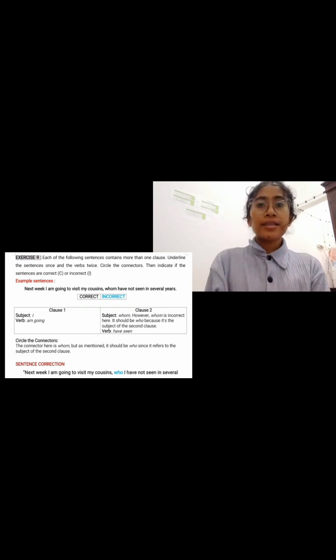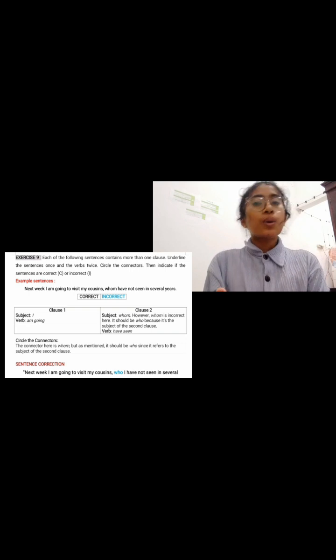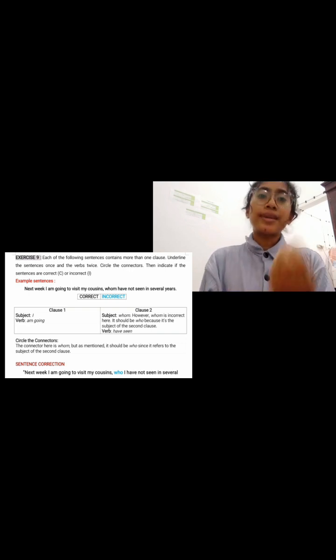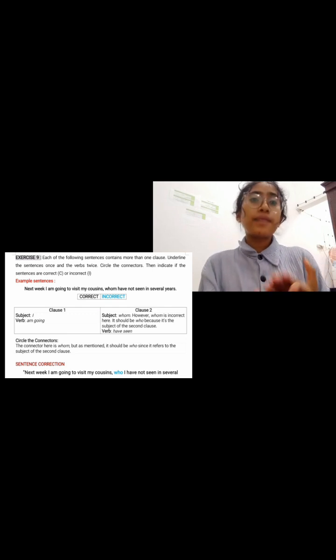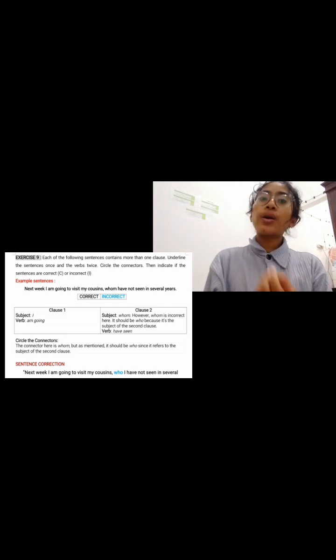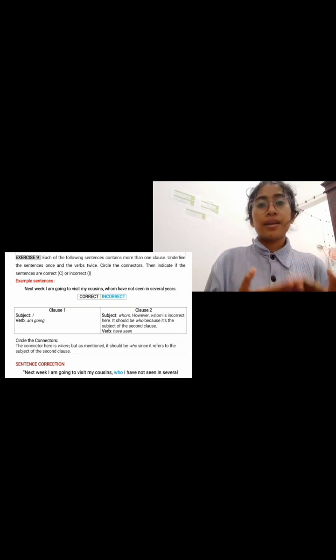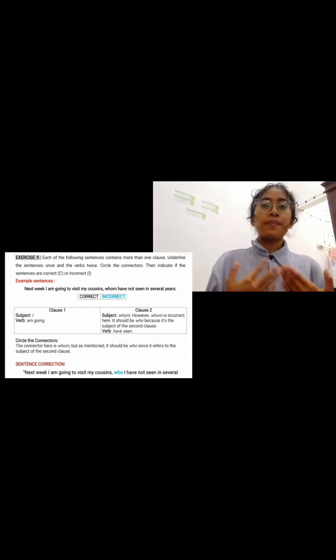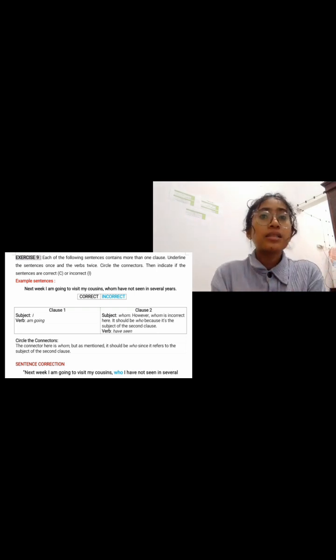In this clause, there is no subject; however, whom is incorrect here. It should be who because it's the subject of the second clause, and it only has the verb have seen. The connector here is whom, but as mentioned, it should be who. It refers to the subject of the second clause.